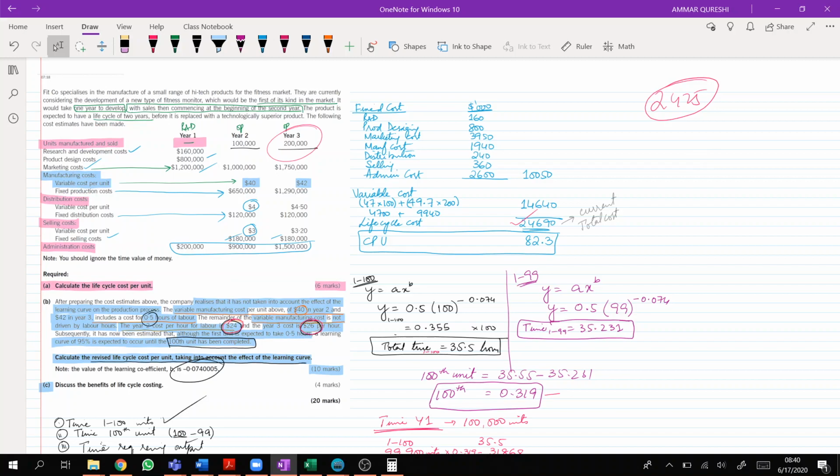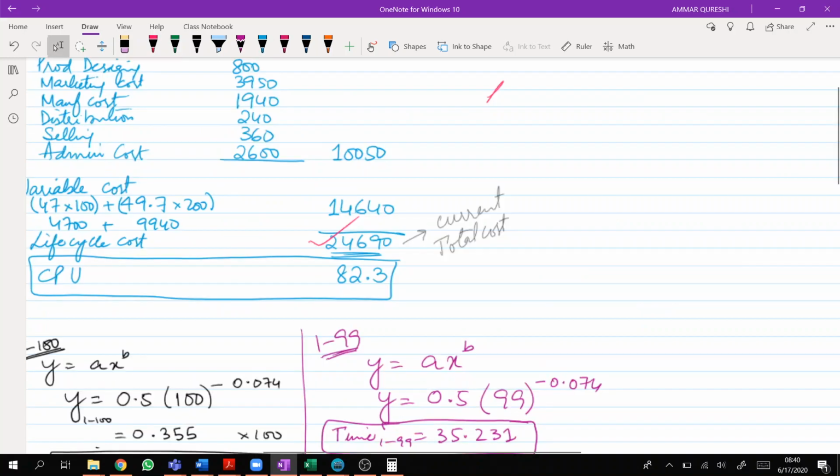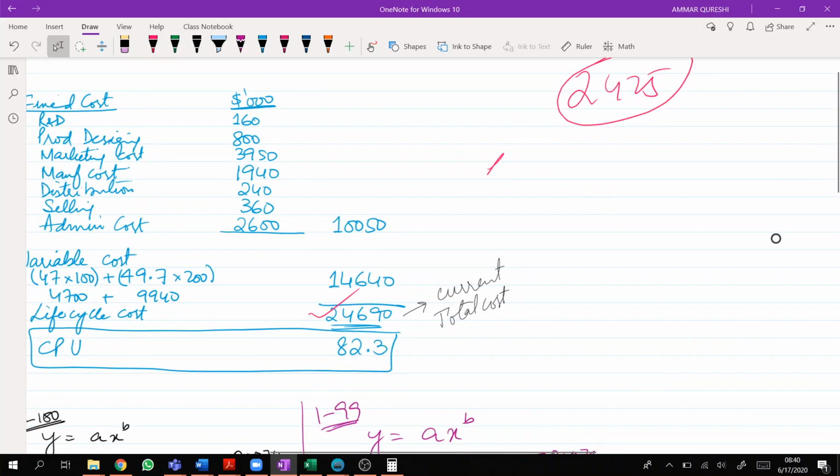And how can we do this? See, the life cycle cost of the product is 24690, right?